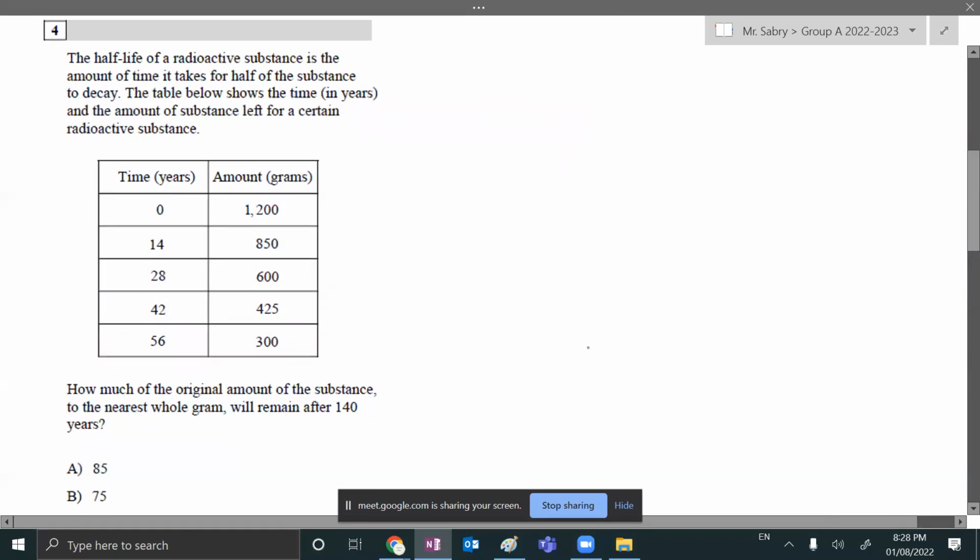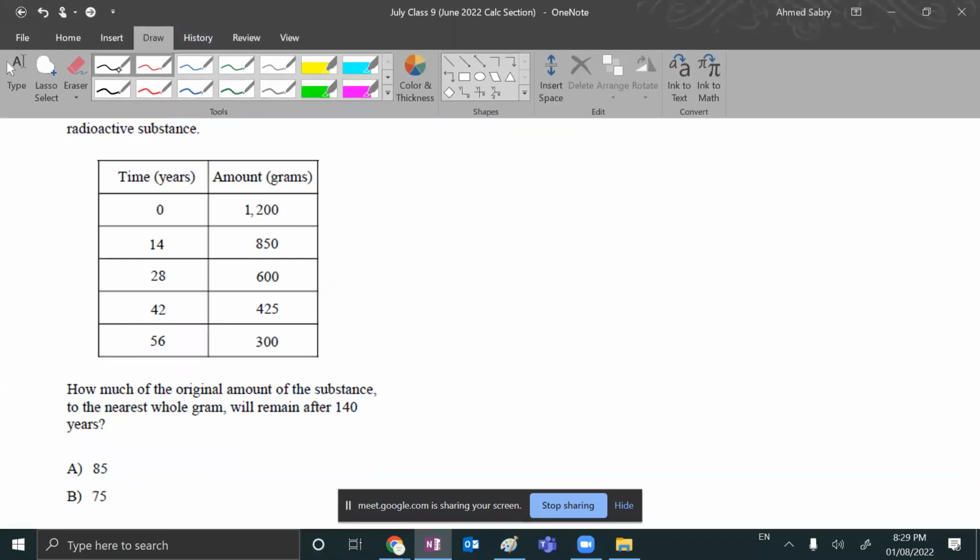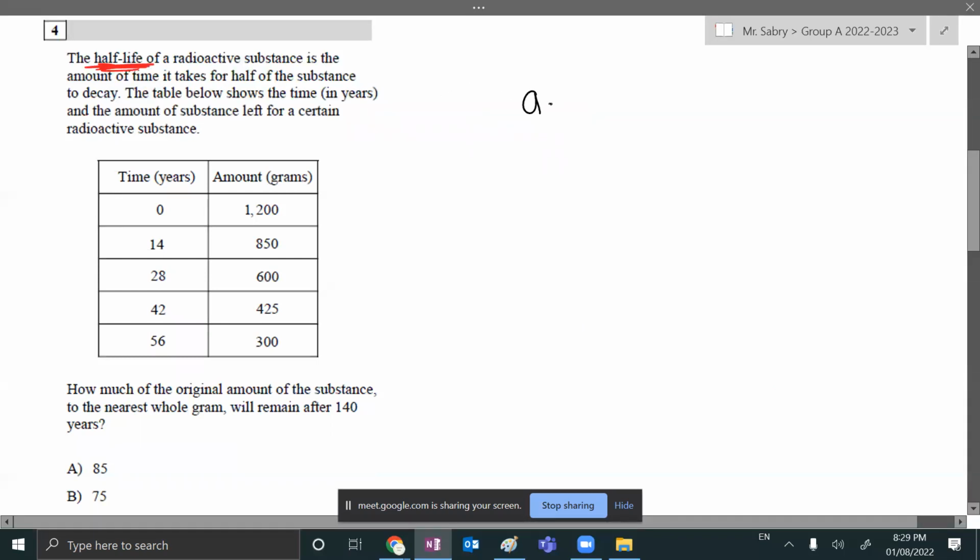This was a question. Clearly an exponential function. How did we know it's an exponential function? Because when you read the question, it says the half-life. Half-life is a very important keyword. If you remember yesterday, we said that all exponential functions, first of all, follow this form, a times b to the power of x. And we said that the word half-life means that b must be equal to half.